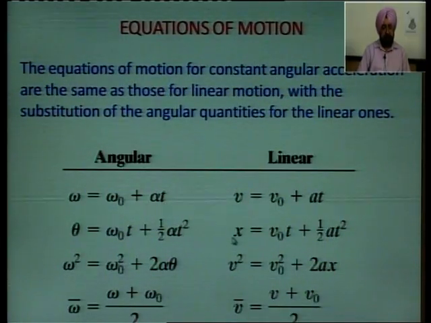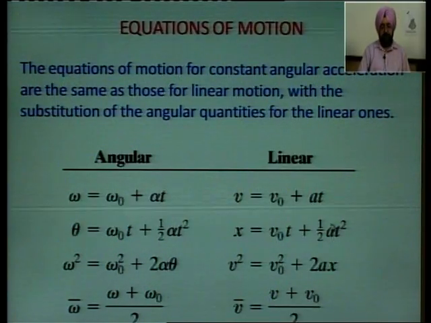X is linear displacement. In the case of rotational motion, we take angular displacement. So, the place for x has been taken by angular displacement theta. V naught is initial linear velocity. In the case of rotational motion, it becomes initial angular velocity.